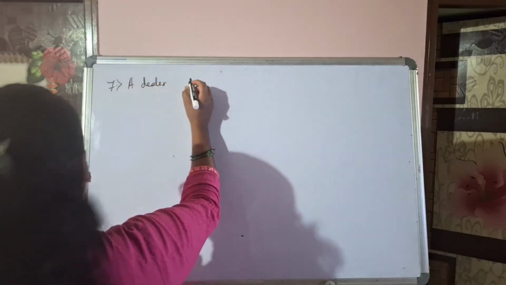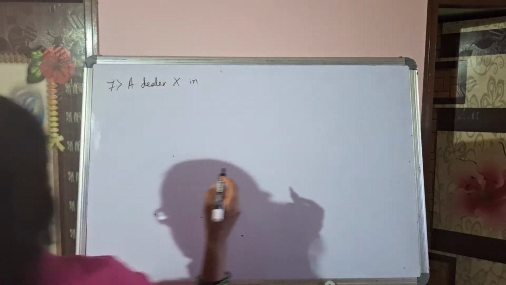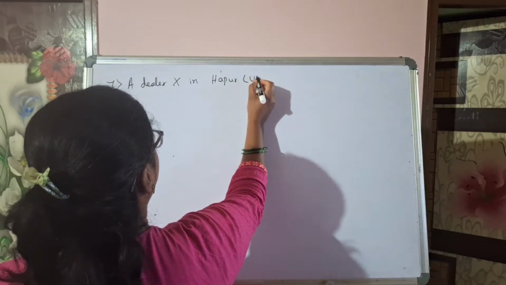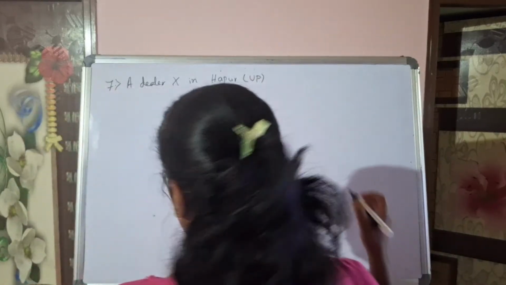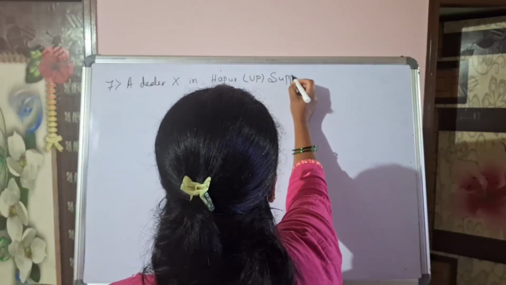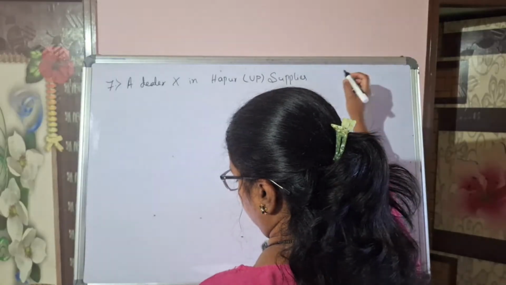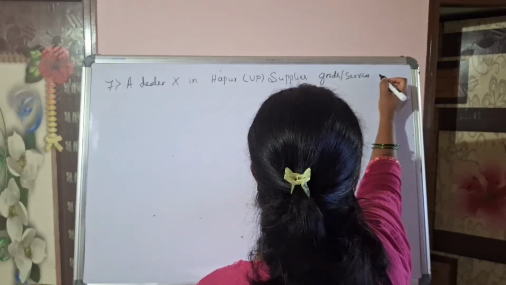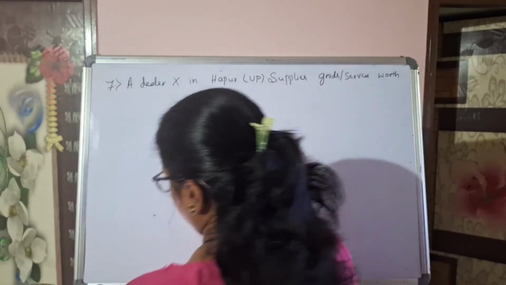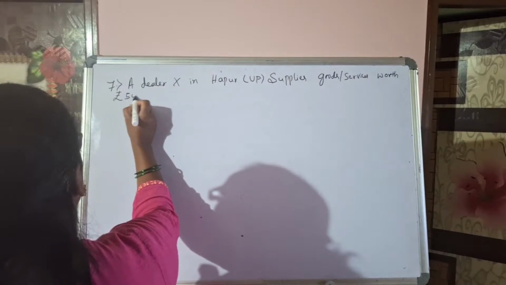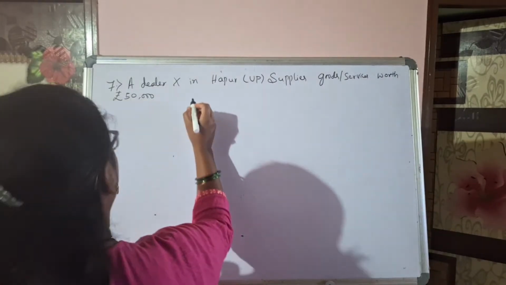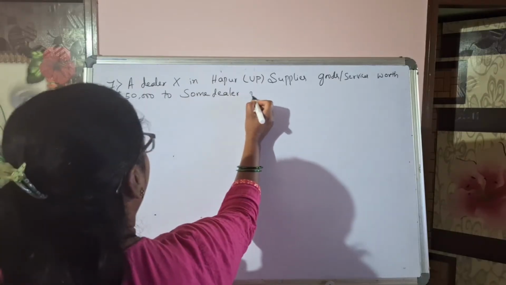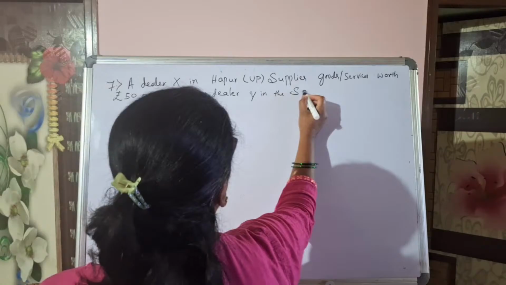A dealer X in Hapur, UP supplies goods or services worth rupees 50,000 to some dealer Y in the same city.